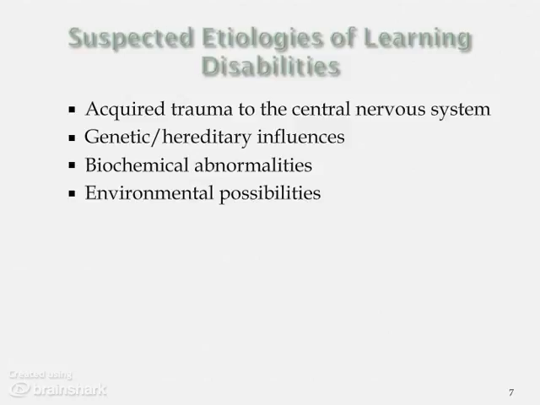But we don't exactly know how it carries through families or why it skips over some children, or both parents can be learning disabled but the children aren't. We're not sure how that all comes into play. There are also biochemical abnormalities, and then environmental possibilities, whether that's in utero or after the child's born, such as exposure to toxins. We don't really have one answer for why learning disabilities exist.